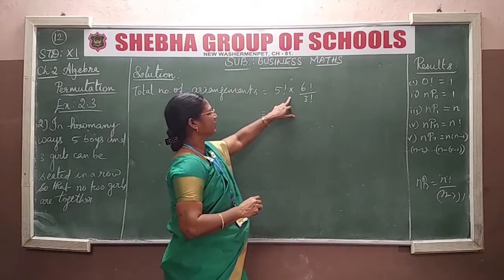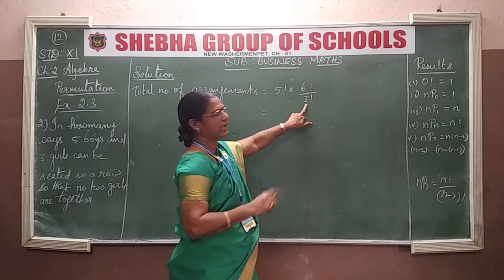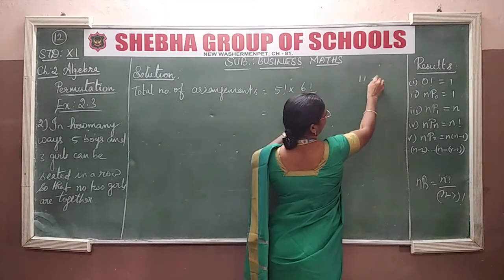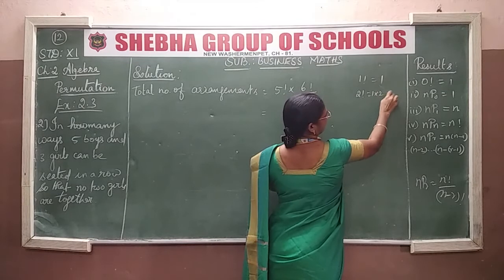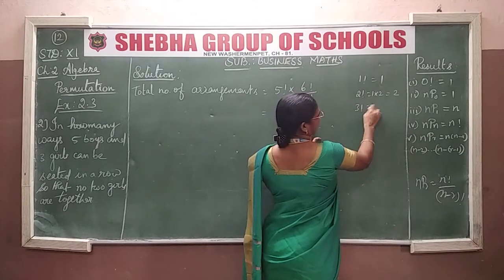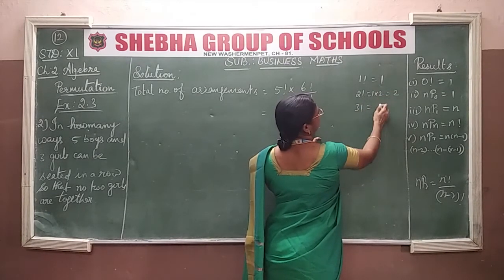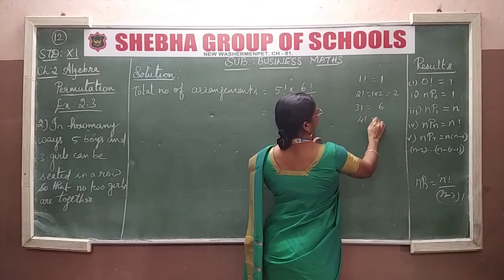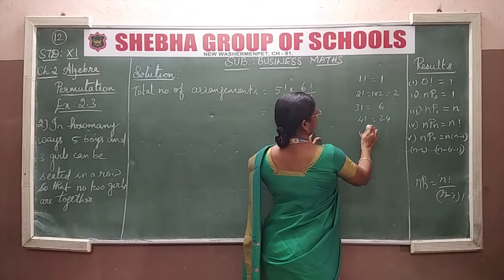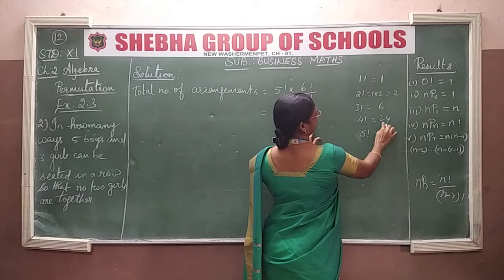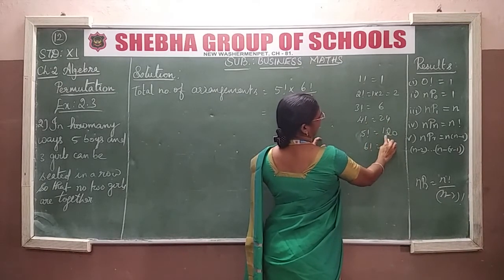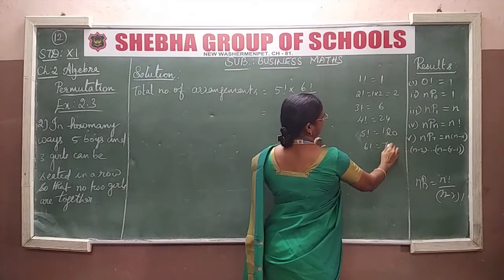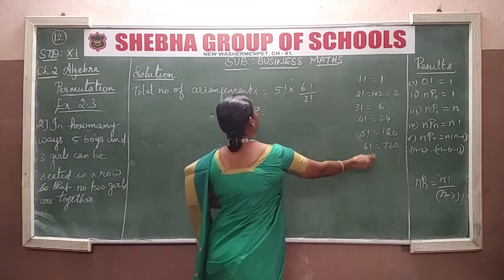Okay, 5 factorial into 6 factorial by 3 factorial, and we should know that 1 factorial is 1. 2 factorial is 1 into 2, that is 2. 3 factorial is 1 into 2 into 3, 6. 4 factorial is 24, and 5 factorial is 24 into 5, 120, and 6 factorial equals 120 into 6, 720, and so on.